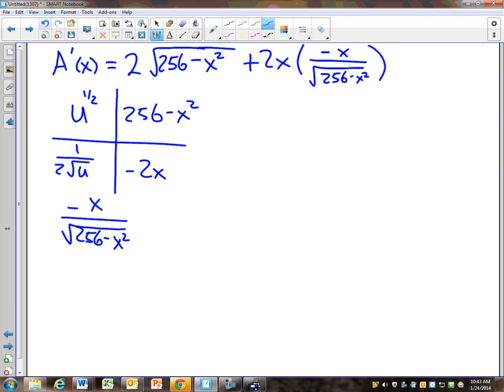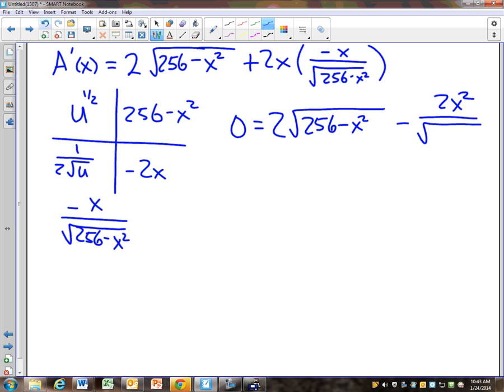Let's set it equal to 0. 0 equals 2 roots of 256 minus x squared minus 2x squared over root of 256 minus x squared. Now what would you like to do?